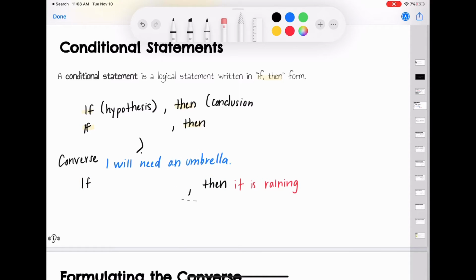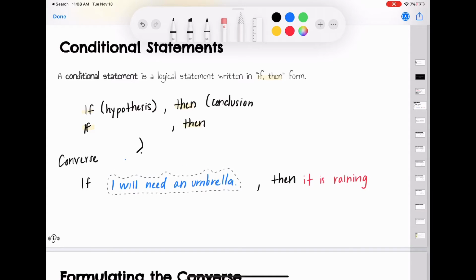Let me go ahead and move this so we can see it a little better. If I will need an umbrella, then it is raining. That is our converse. As you can see, we have switched the hypothesis and the conclusion around.